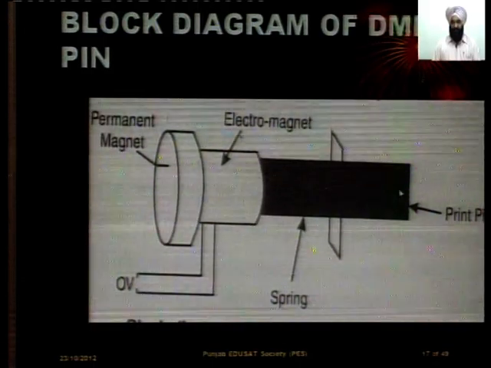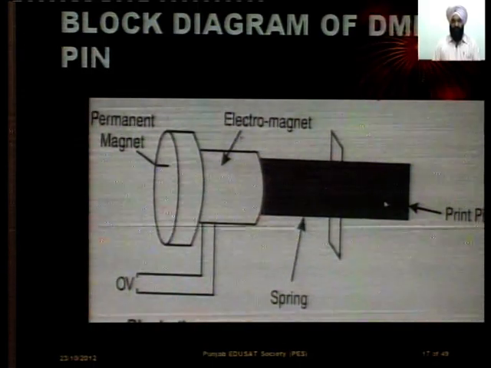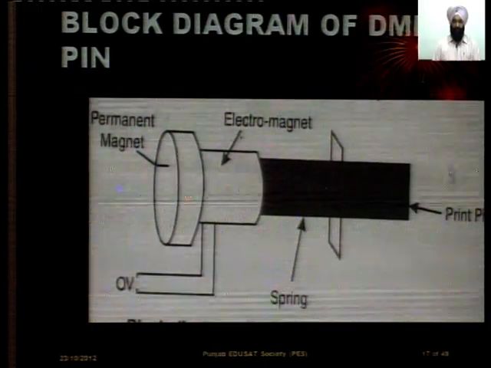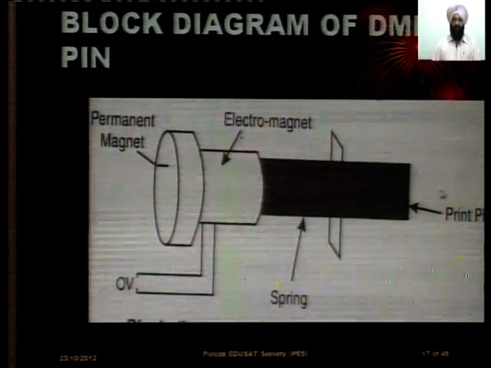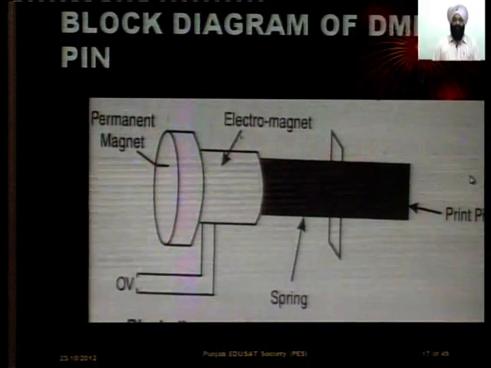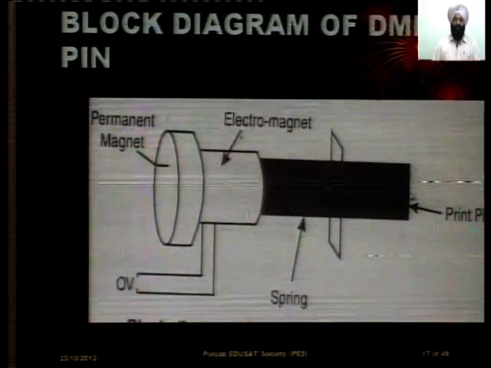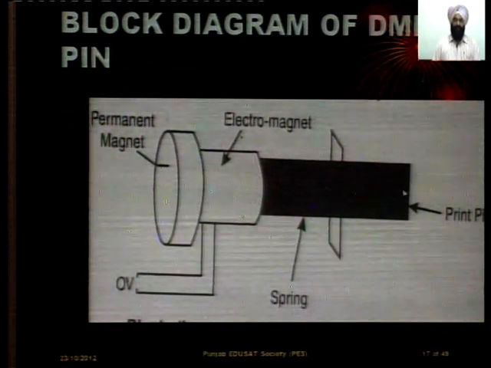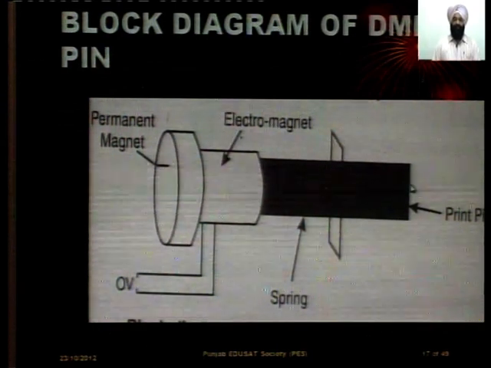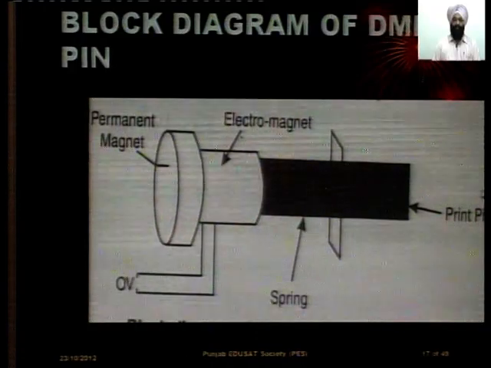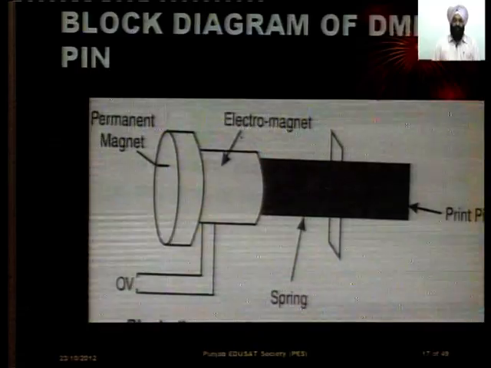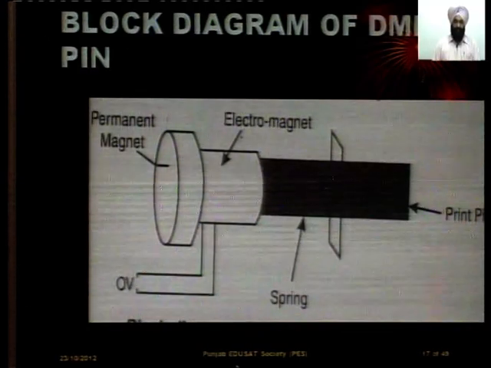Then the print pin also moves towards the paper and acts as a hammer. It presses on the ribbon, which is attached to the paper, and from this pressure, the impact of the pin with the ribbon produces an impression over the paper.